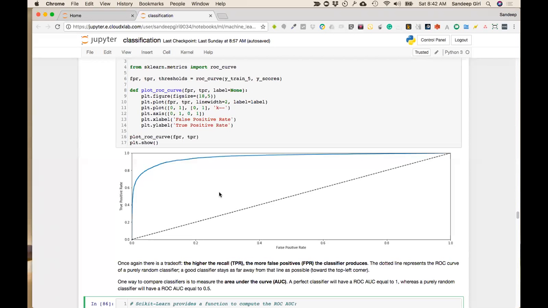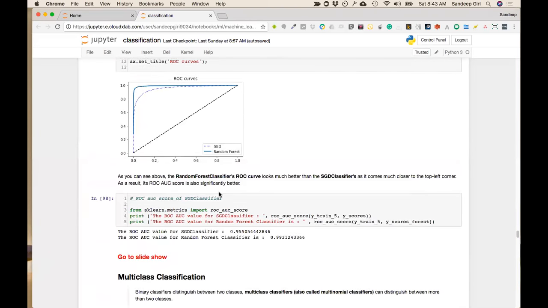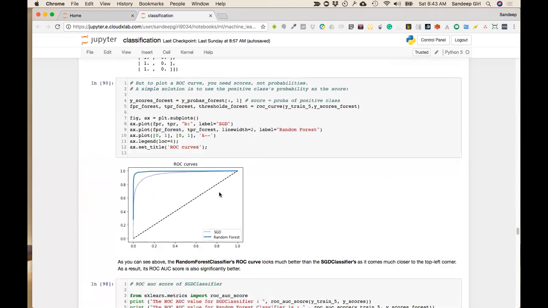While for the rest of the cases, the ROC curve does a good job.